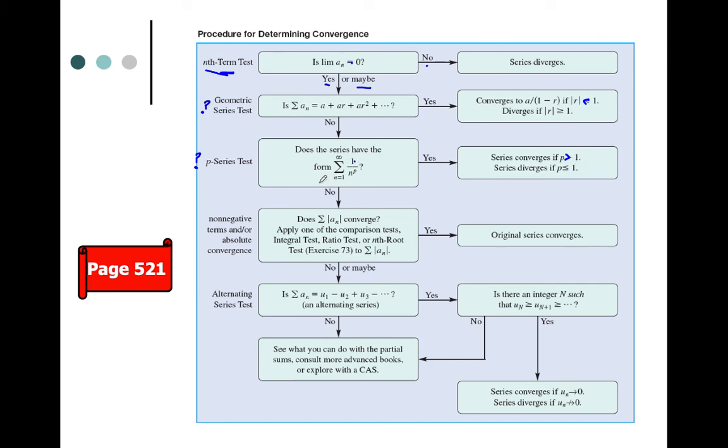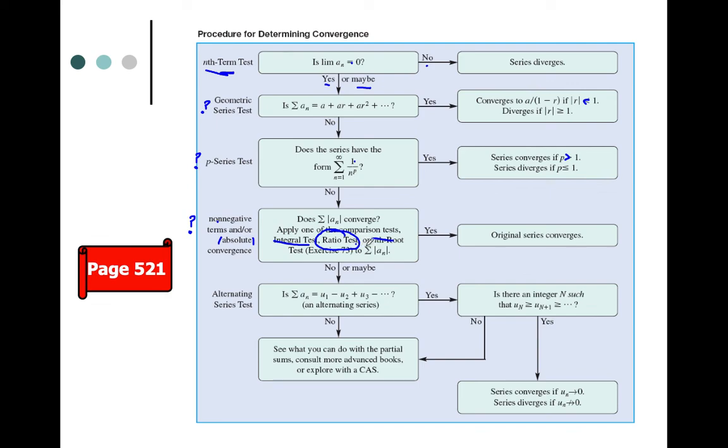If it is not a p-series, you don't have to worry about most of these. Firstly, are all your terms positive? The integral test is not tested this year. The nth root test is not tested this year. Just the ratio test. If your terms are positive, which doesn't actually matter because you're going to be taking the absolute value anyway, then you go to the ratio test.